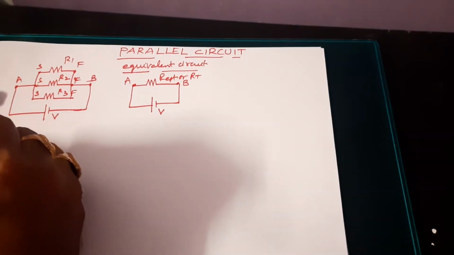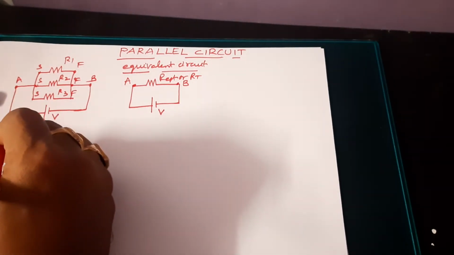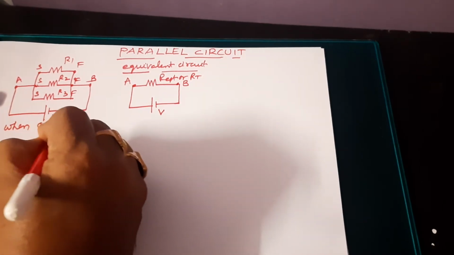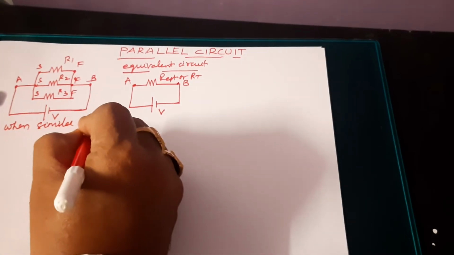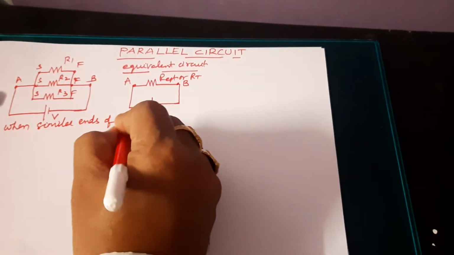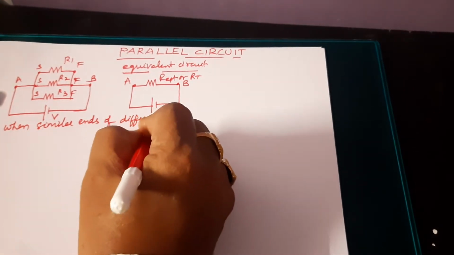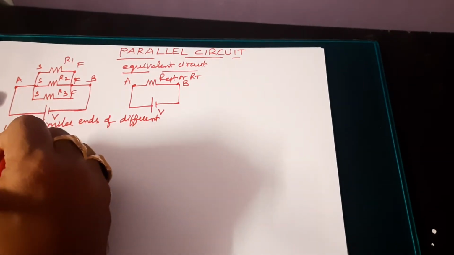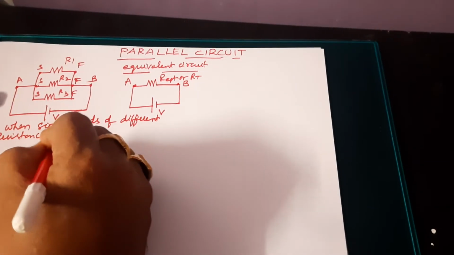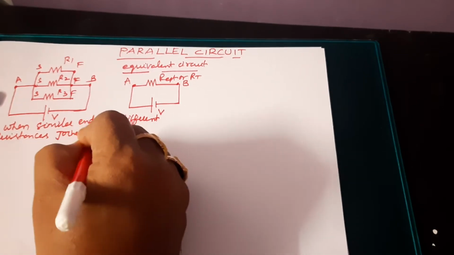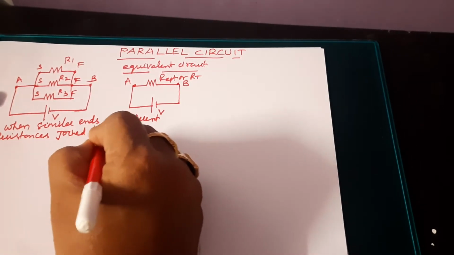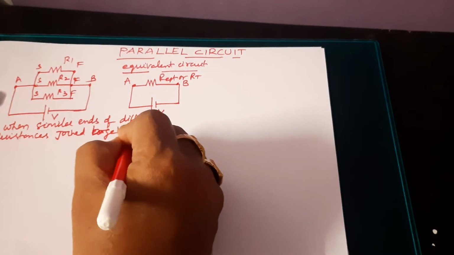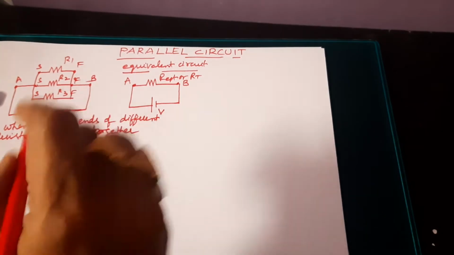Now, what is the first point regarding parallel circuit? The first point is when similar ends of different resistances like R1, R2, R3 are joined together, it is known as parallel circuit.